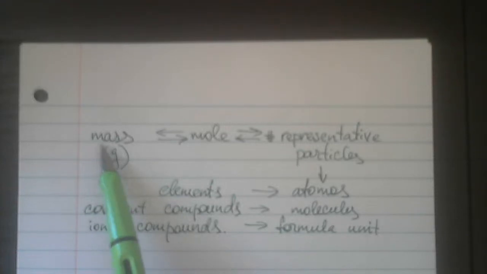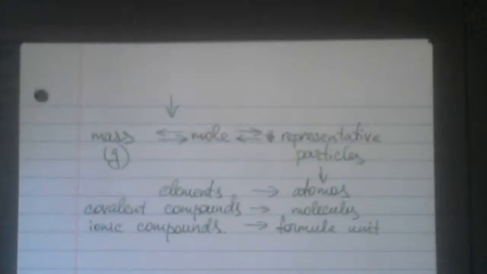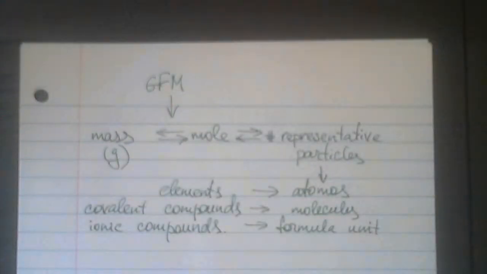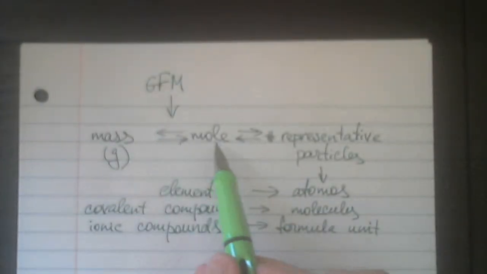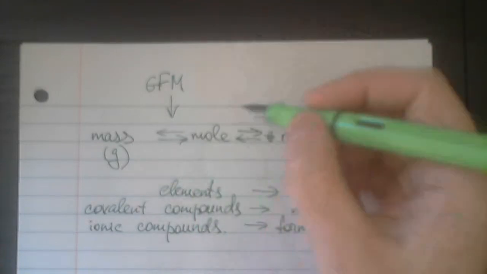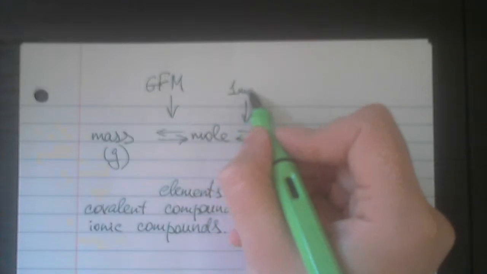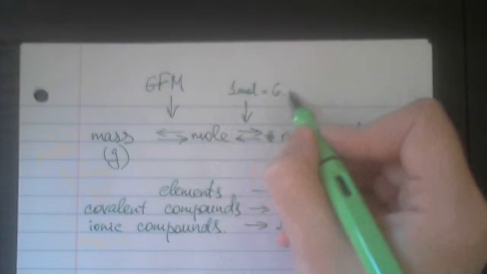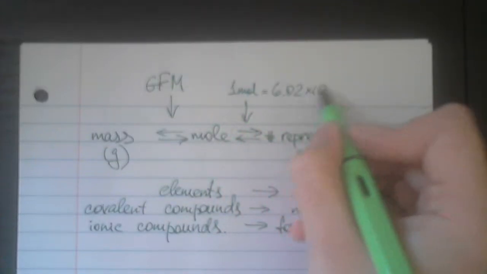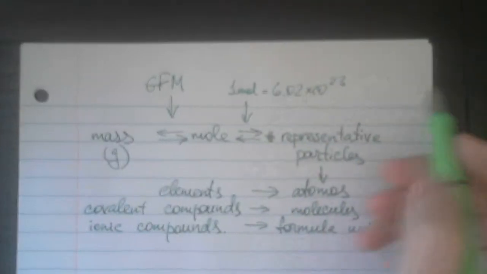We can convert between mass and mole by the use of the gram formula mass, GFM, of compounds, and we can convert between moles and representative particles by our understanding that 1 mole is 6.02 times 10 to the power 23 representative particles.